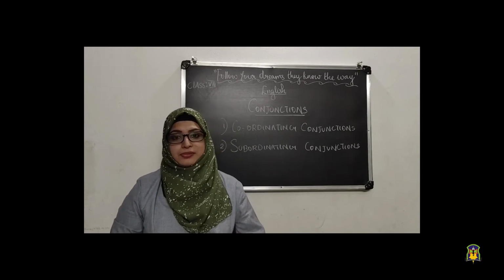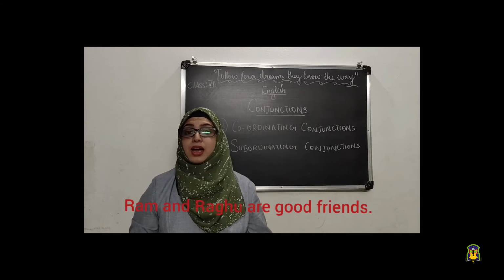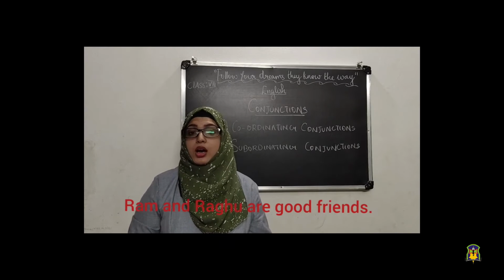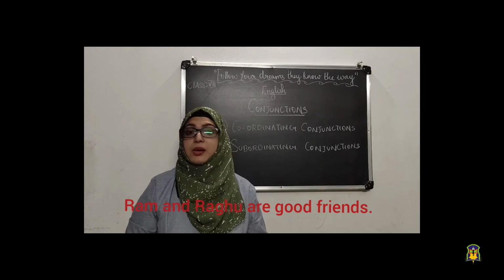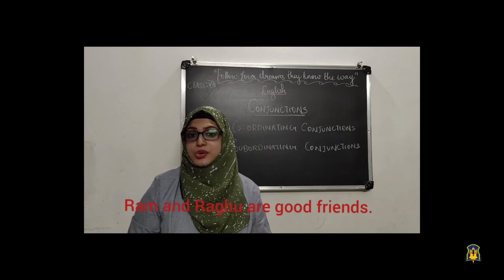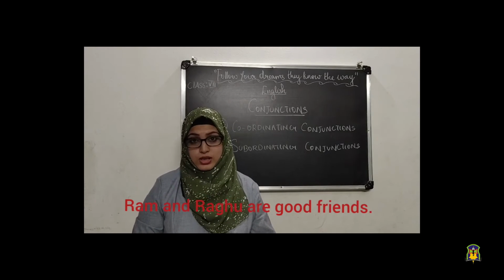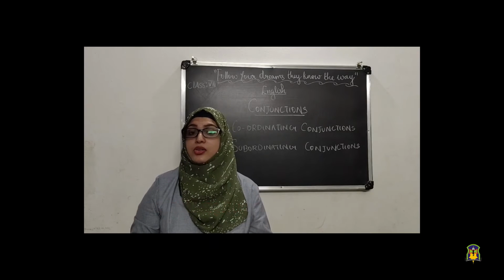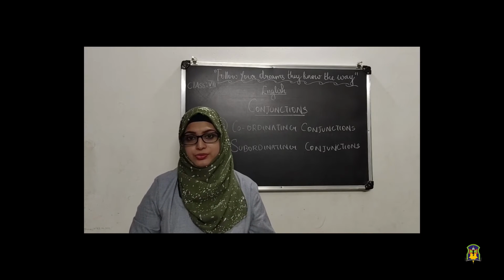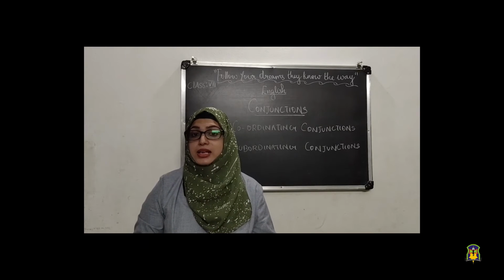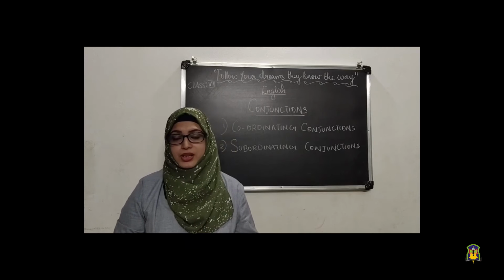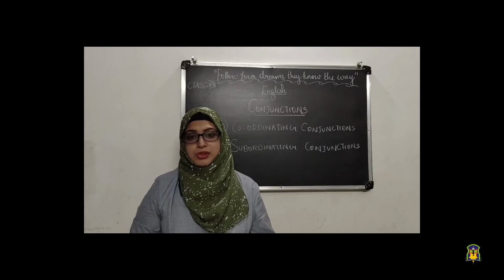For example, Ram and Raghu are good friends. Here we have used the word and in order to join Ram and Raghu. So and is a conjunction we have used here. Another example.